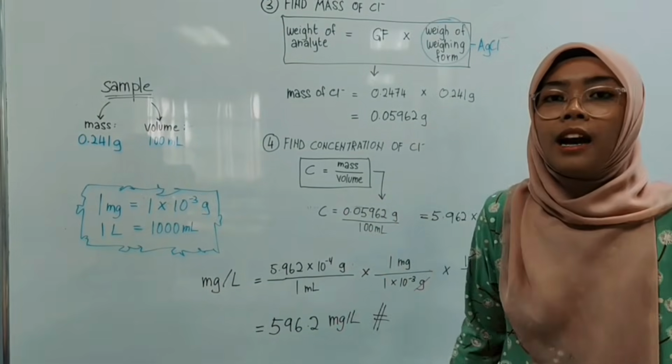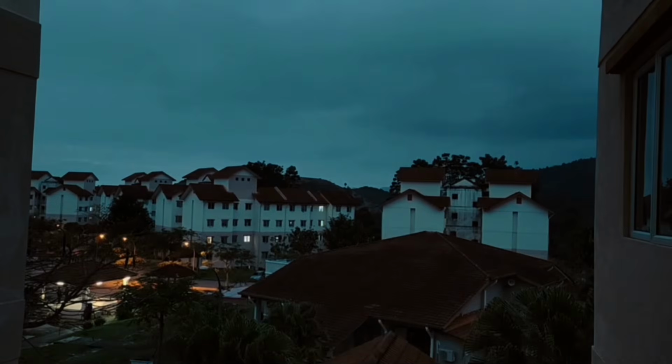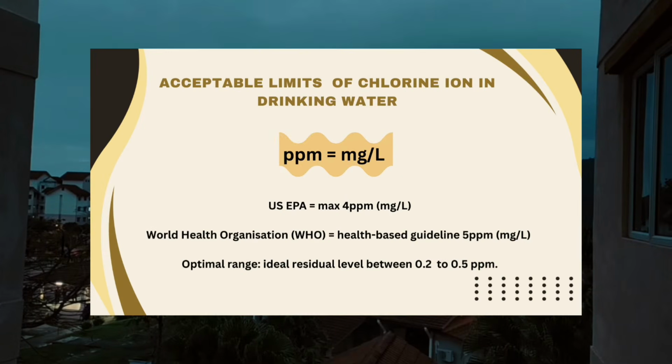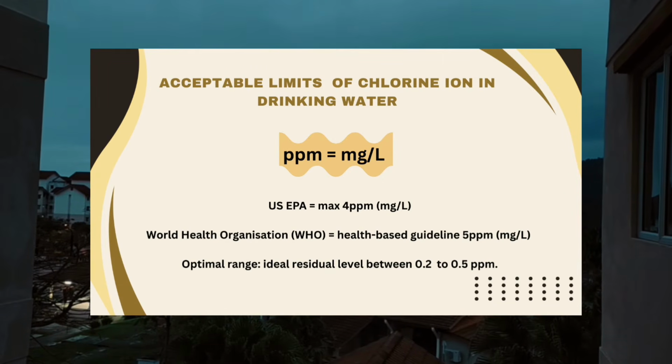That's all from me, on how we can calculate the concentration. Now, I want to talk about the acceptable limits of chlorine in our drinking water. From the information that I got, US EPA states the maximum value is 4 ppm. Also, the World Health Organization or WHO states that the health-based guideline of chlorine in our drinking water is 5 ppm.